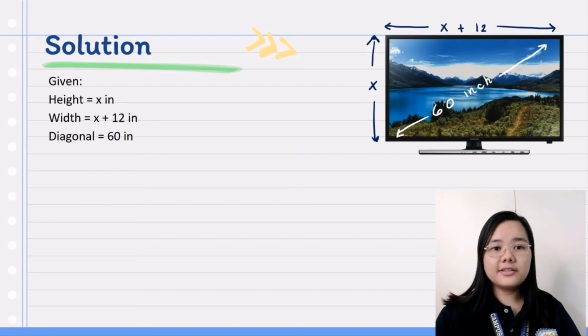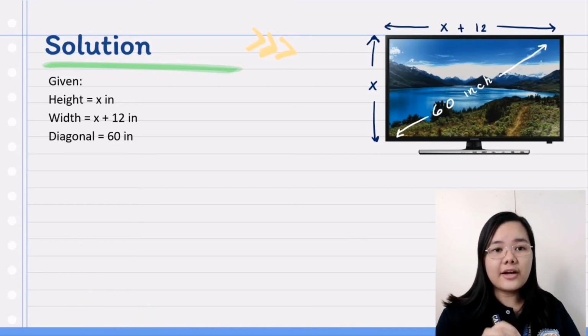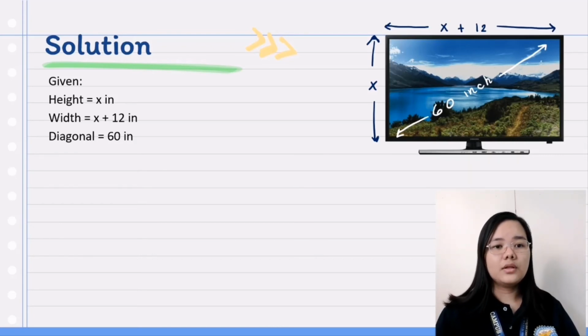Next is finding how we can solve this particular problem or what formula to use. The clue is diagonal. Since the question gave the diagonal, we can solve this problem by using the Pythagorean theorem.